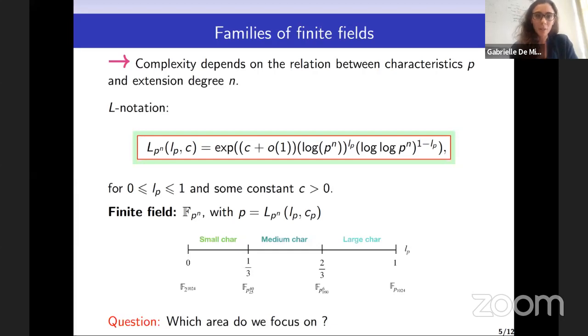Complementary to this work, there are some papers that look at actual parameters for pairing-friendly curves. And there's a mismatch between some of the results that are observed for lower security levels and the behavior that's happening asymptotically.